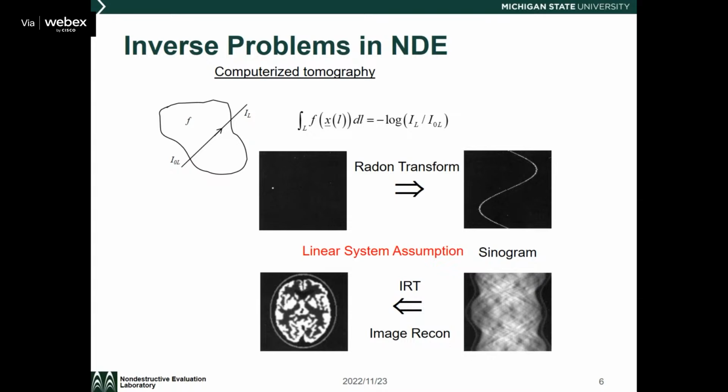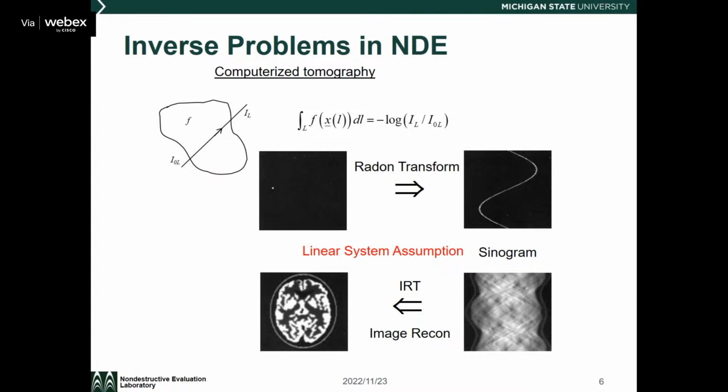So for the CT problem, you can have a simple equation dealing with the input and output. Well, the input here is I0(L), the output is I(L), right? So, in physics, that's the intensity of your beam before and after it interacts with the material, here represented by a function f.